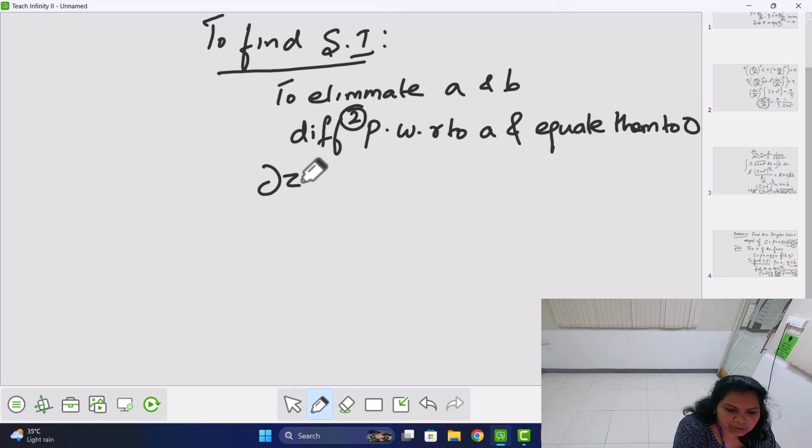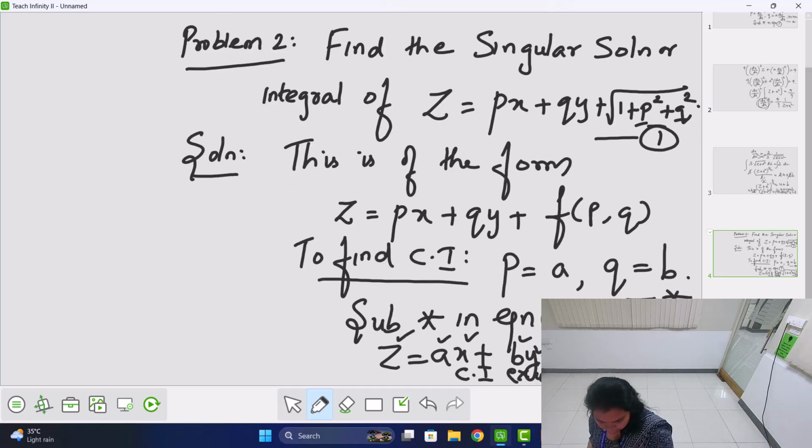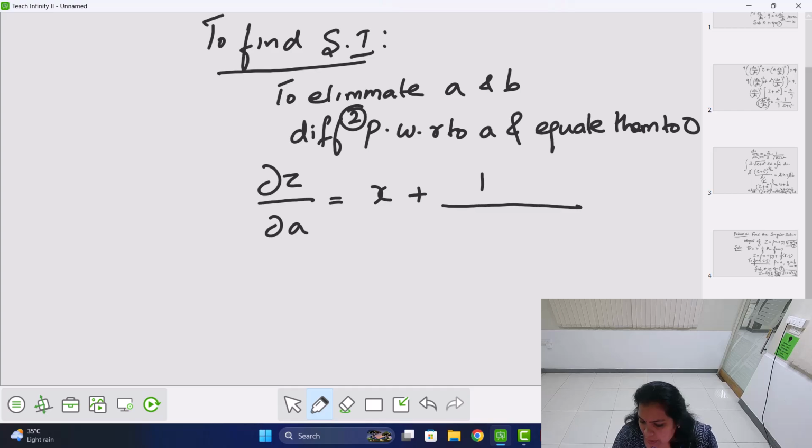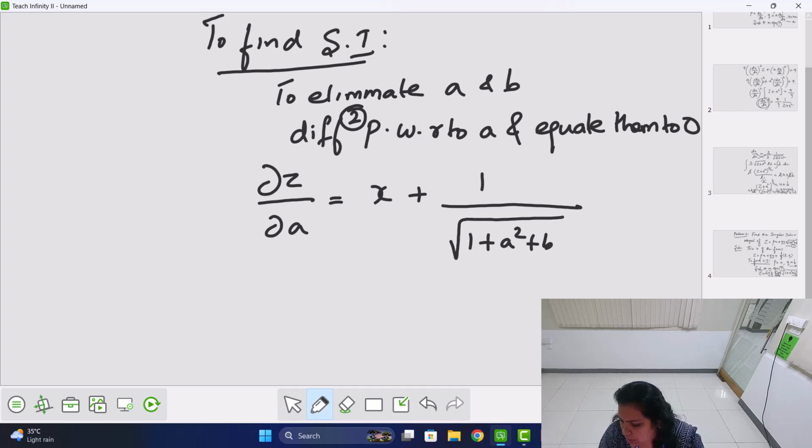Dou z by dou a is, when you differentiate this value, what do you get here? x plus 1 by root of 1 plus a square plus b square, this is the whole square root. You are differentiating with respect to a only, so 2a, cancel the term.